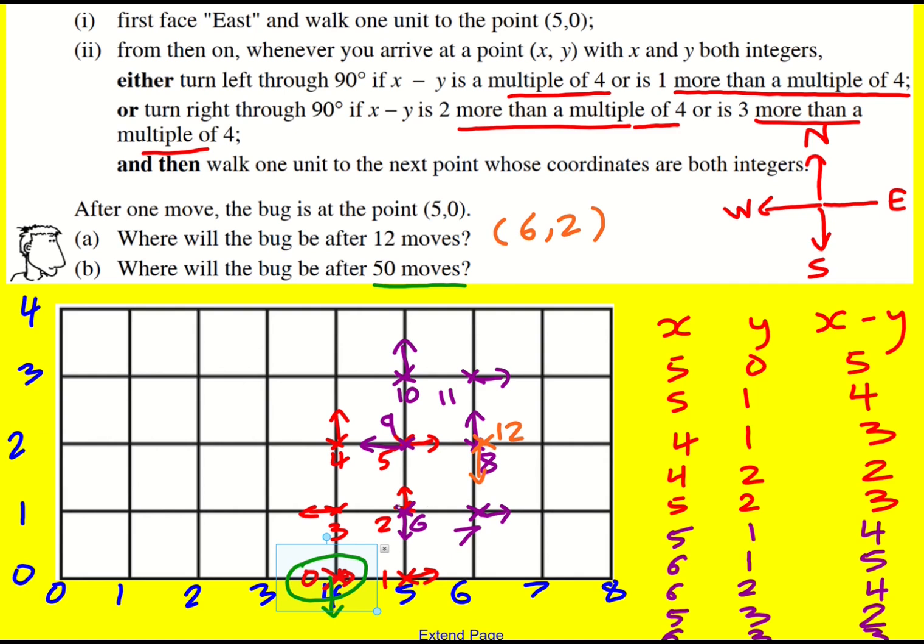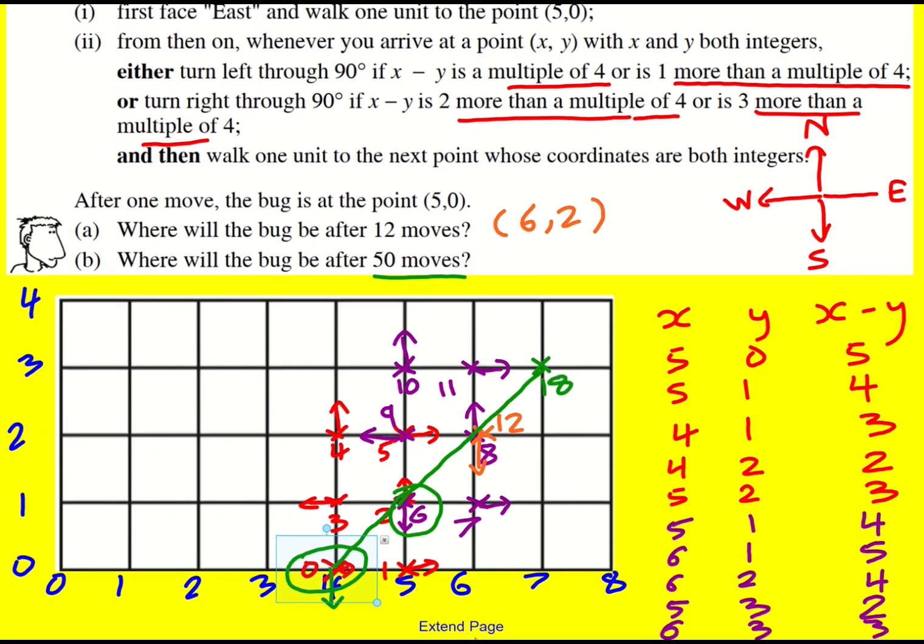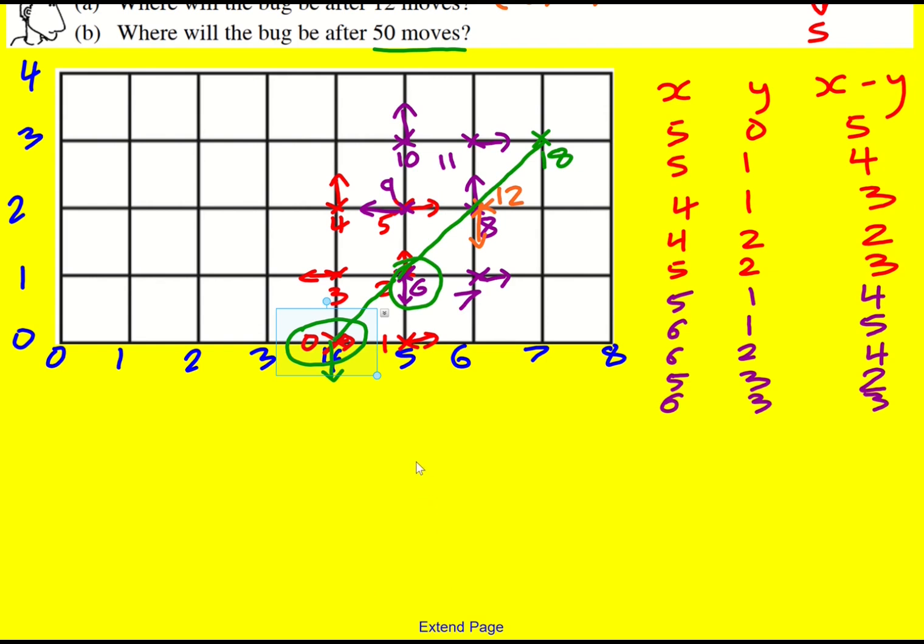Because then after 6 moves, it's gone along this diagonal essentially, and is now still facing down, and after 12 moves, facing down again. And every single time, the x and y values are just going up by 1, so the pattern is going to repeat. So after 18 moves, the bug is going to be here. And therefore, we can figure it out from that.